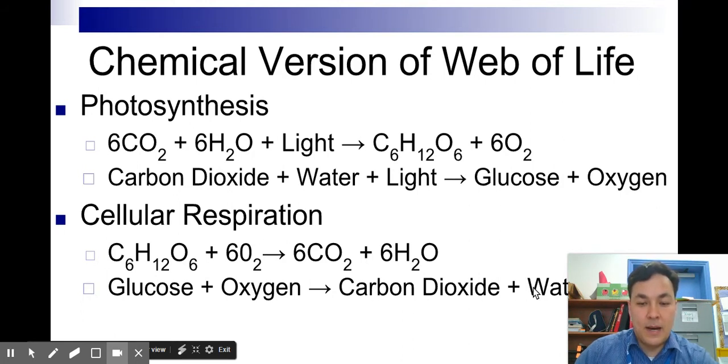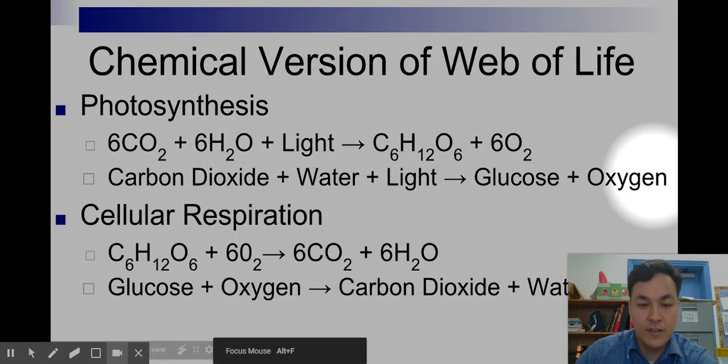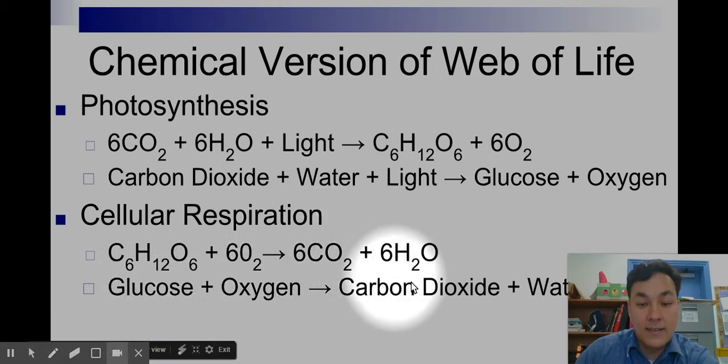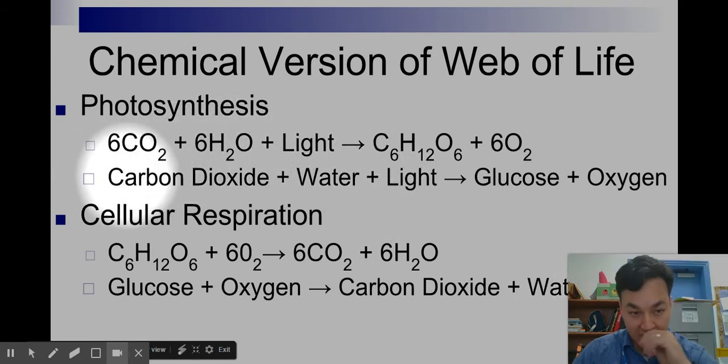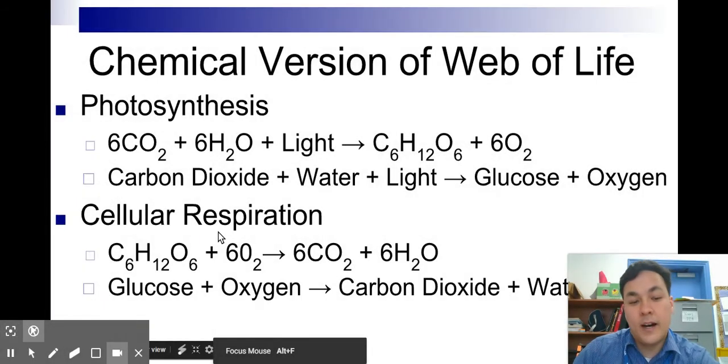These are going to be the byproducts of it, and what we're really trying to get out of cellular respiration is energy. We can't just use glucose, we have to break it down step by step. So the products of one, glucose and oxygen, are the reactants of another. Notice how the products of cellular respiration, carbon dioxide and water, are the reactants of photosynthesis. I cannot stress strongly enough that you should go through that one-page POGL that I gave you to review this.